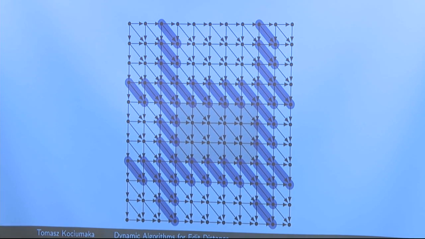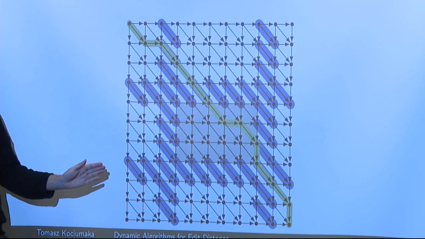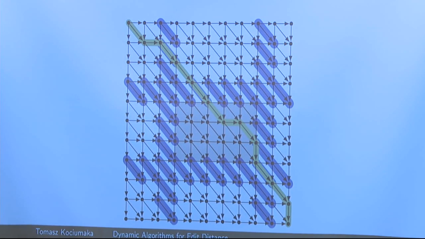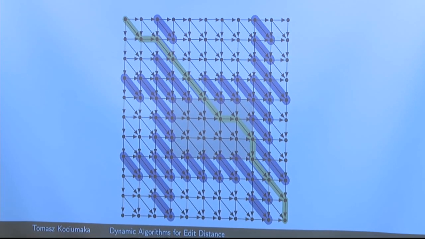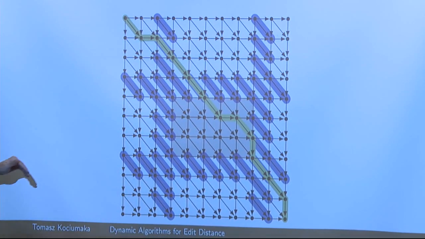And how can the shortest path, the optimal alignment, interact with this region? It can be disjoint from it, of course, but other than that, it can enter it somewhere on the top left boundary. And then it can leave anywhere on the bottom right boundary. And that indicates that the information that would be very useful would be all the distances from the top left boundary to the bottom right boundary.